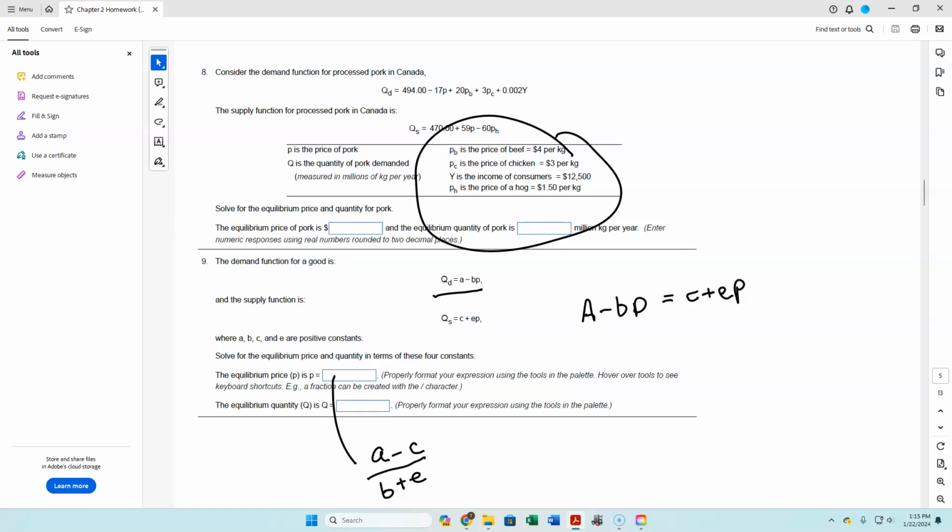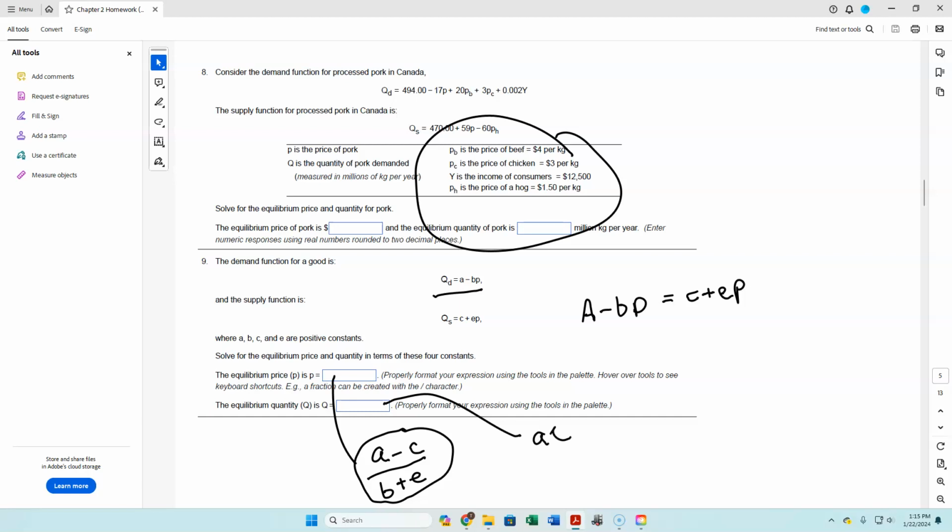Without going into all the dynamics here, we could add BP to this side, and then just solve for P, and that's how I got my equilibrium price. Then you would substitute this into either equation.